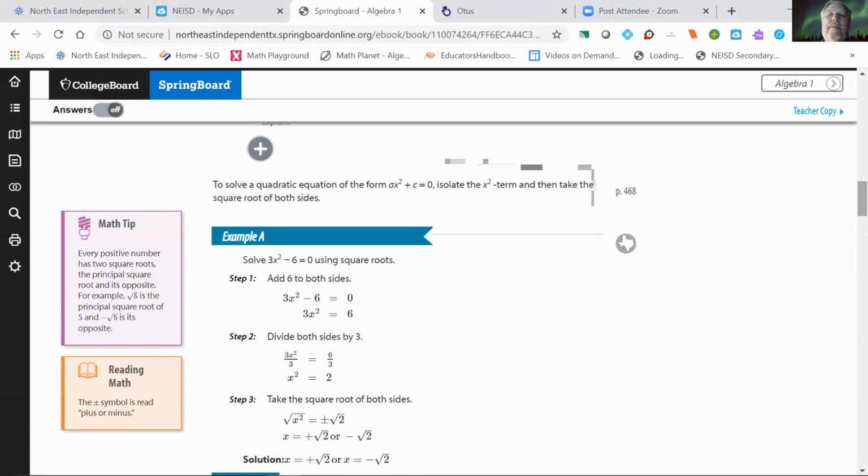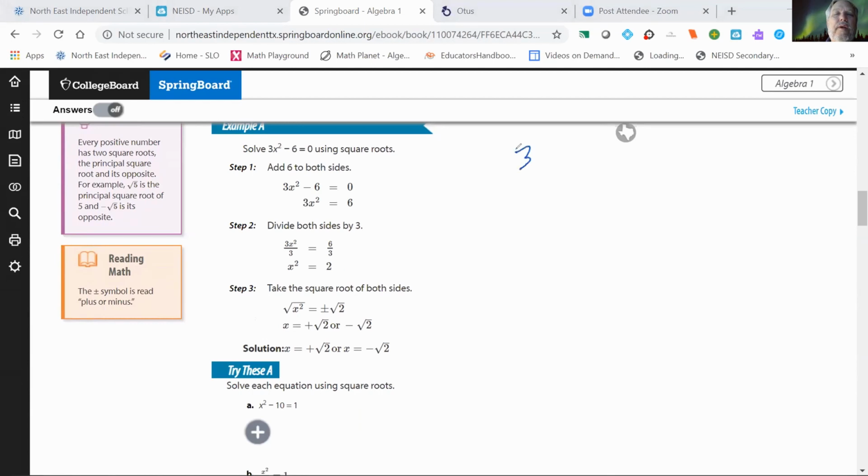So for example, example A, we're going to solve 3x squared minus 6 equals 0. There's no middle term, so we're going to focus on getting the x squared by itself and then taking the square root of both sides. In this case, we're going to add 6 to both sides. So I have 3x squared is equal to 6.